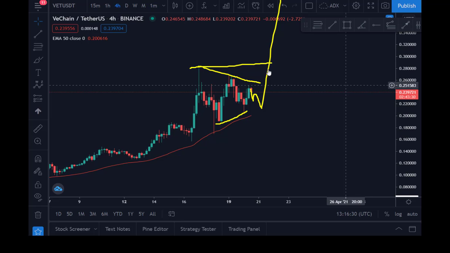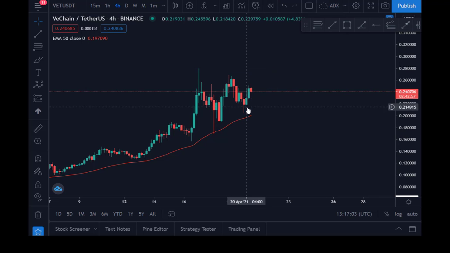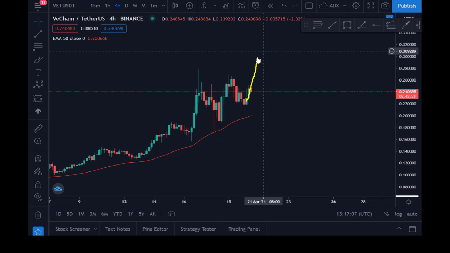Even if it's coming down, it will break it, and I will show you that on Cardano very soon. So as it's forming now, even if something happens to it that is not going up again, just be rest assured that this will break this previous high, and as it breaks it, either it continues or it comes back.